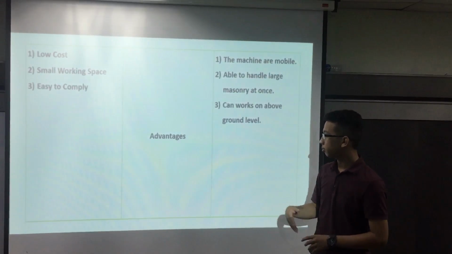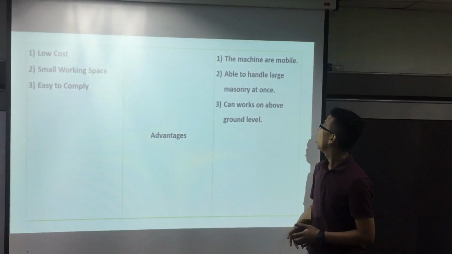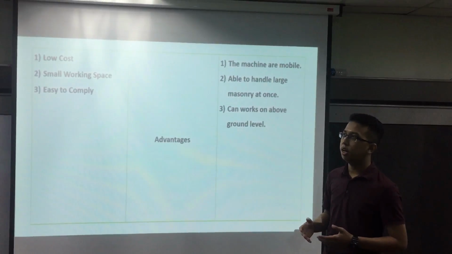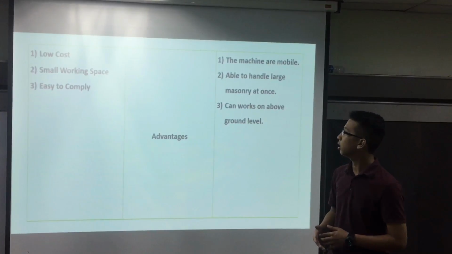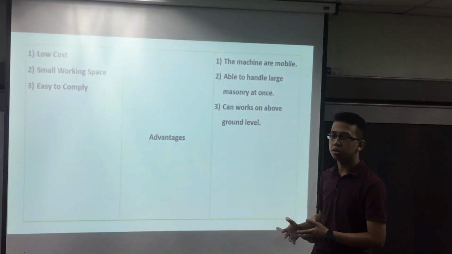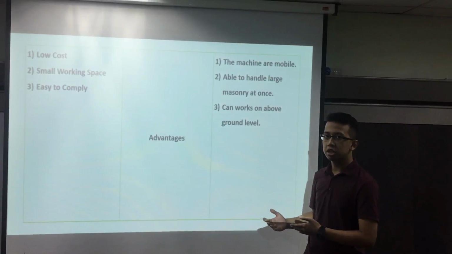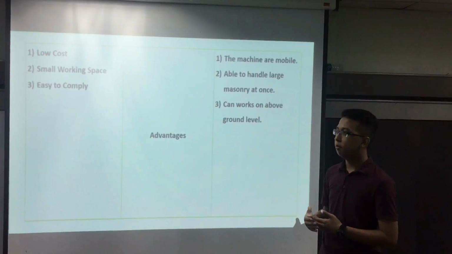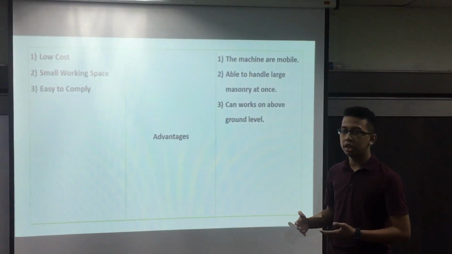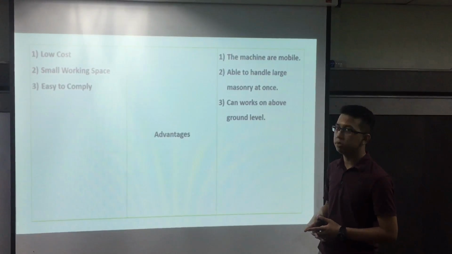For the Ajinomoto factory, the advantage of using push-arm demolition is that the machine is mobile, so they can demolish the building much more easily and practically because of the flexibility to move the machine.